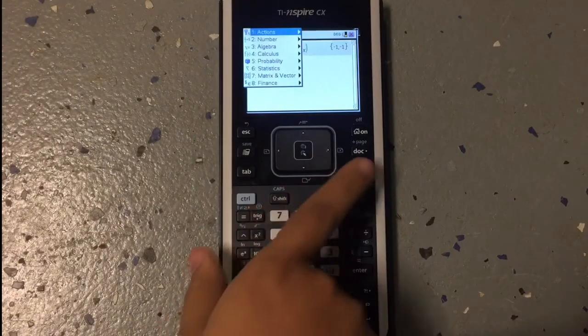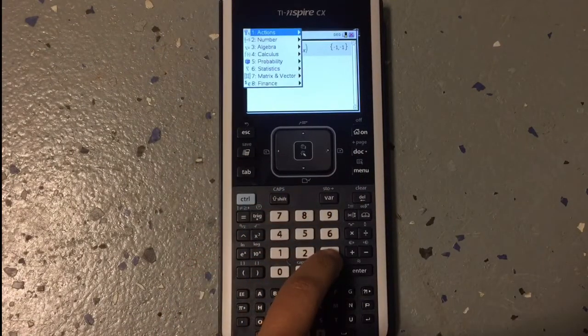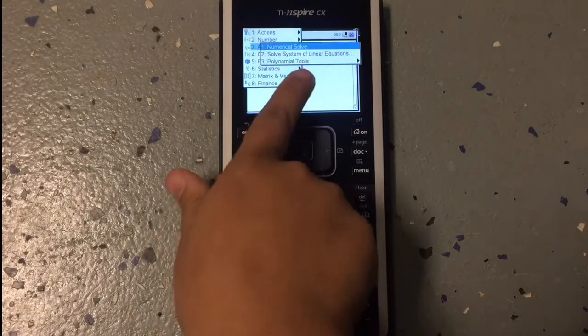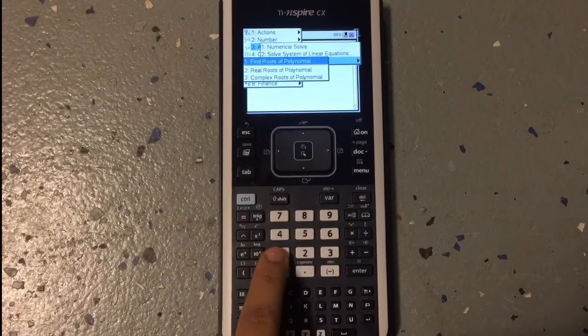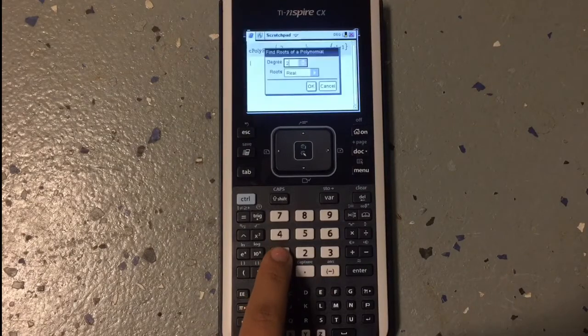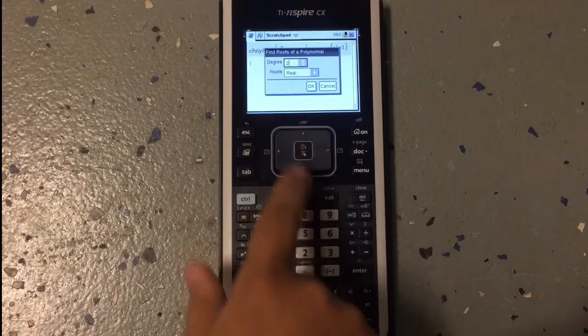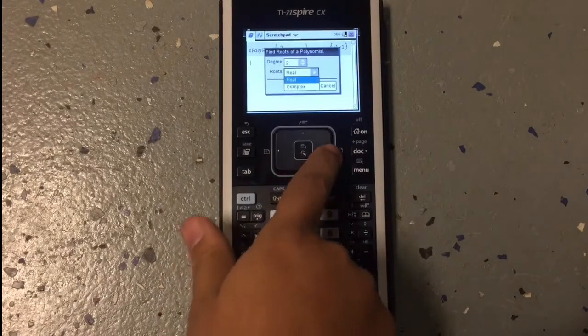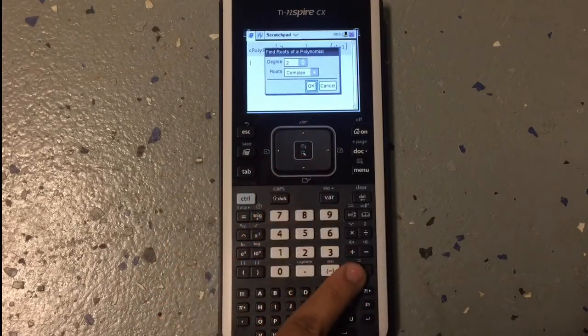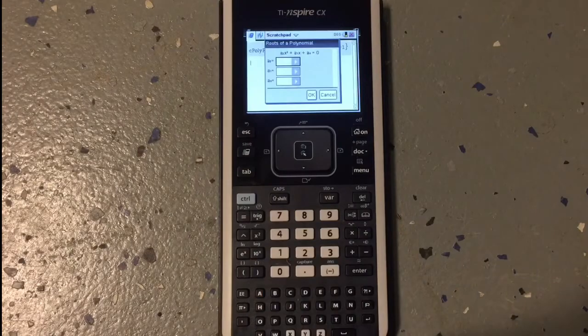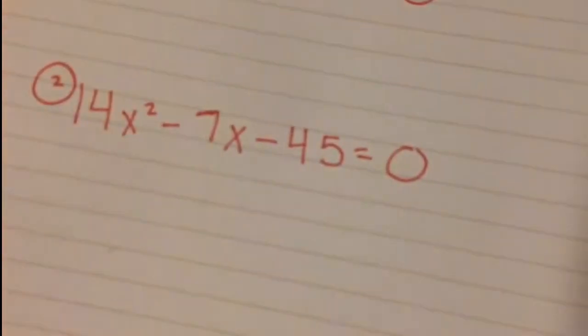We're going to press Menu, press 3 for Algebra, and then 3 again for Polynomial Tools, and then 1 for finding the roots of the polynomial, and degree of 2. I prefer Complex, but you could do Real. Press OK or Enter.